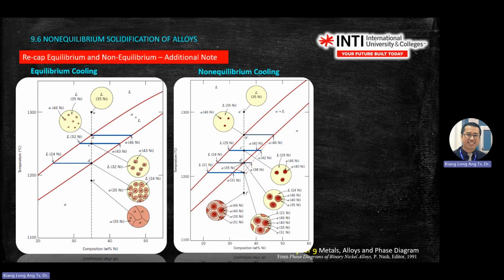And then for the solid side, you fill it up. The 31% will be the most outside layer. So the difference between normal cooling and rapid cooling is that if you cut the particles open, you will see layer by layer.